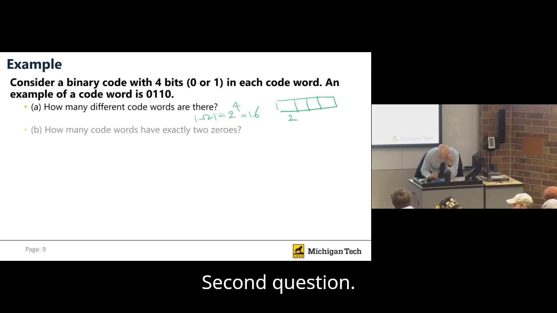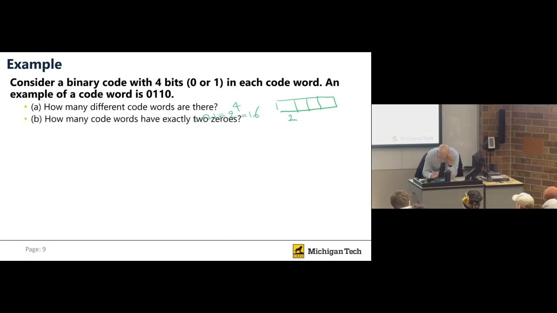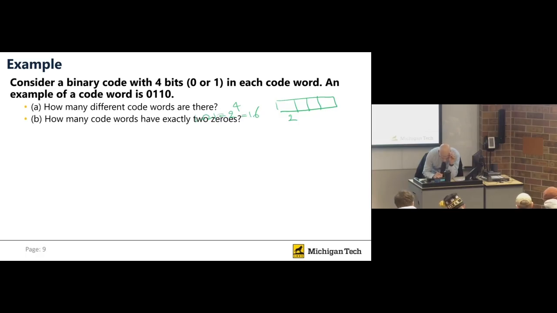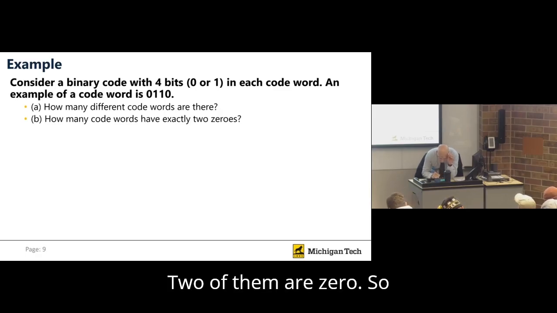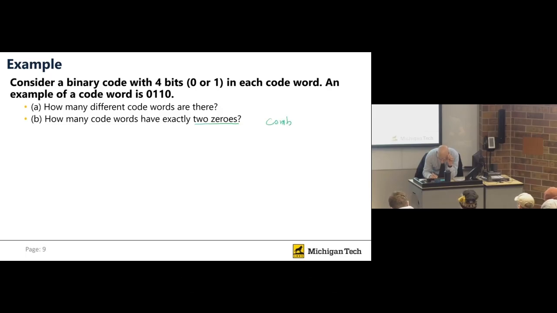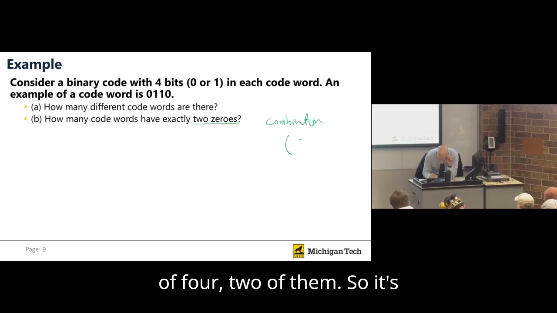Easy. Second question. How many codes have exactly 2 zeros? That's an easy one. From 4, 2 of them are 0. So we know this is combination, 4 choose 2, factorial.